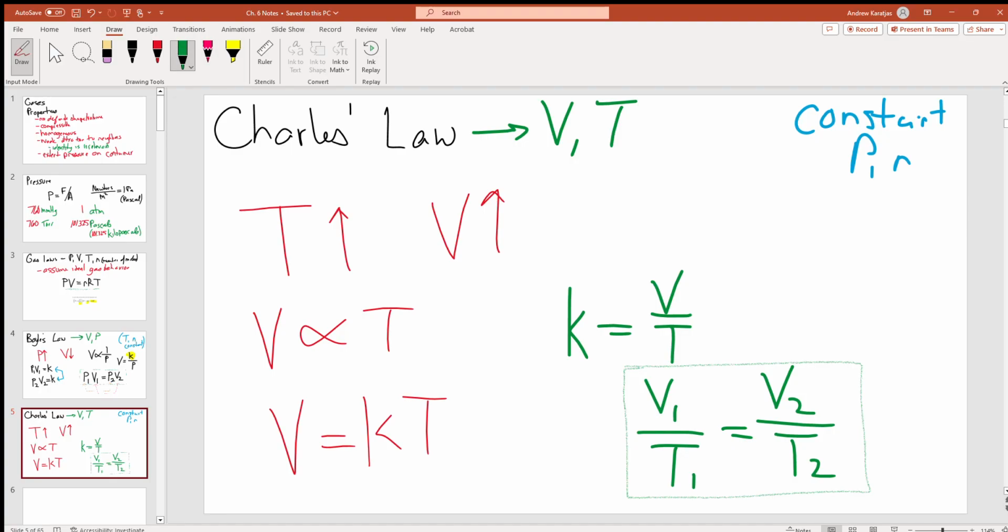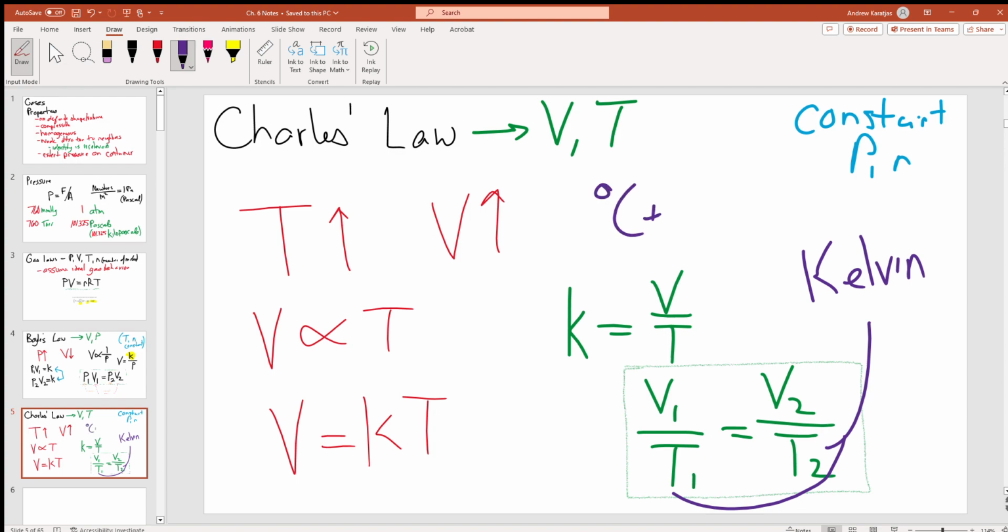When it comes to temperature, our temperature has to be in Kelvin. Recall that Kelvin is basically just a recentering of the Celsius scale. To get to Kelvin, we take degrees Celsius and add 273.15.